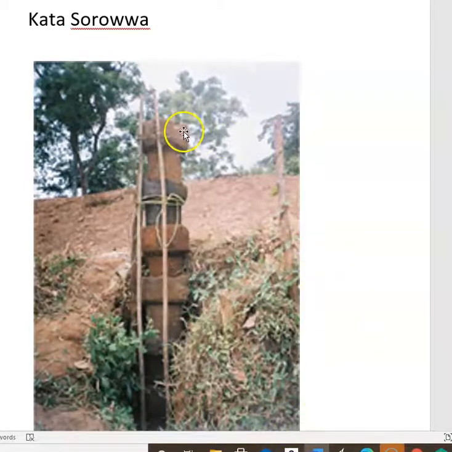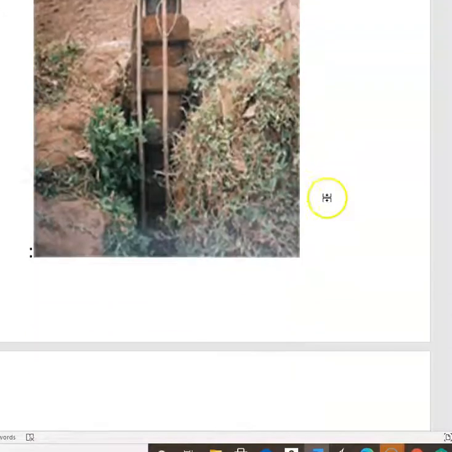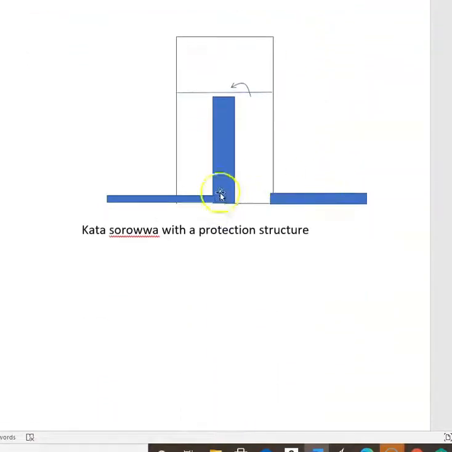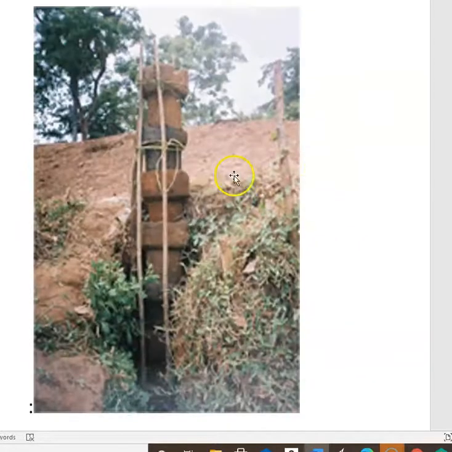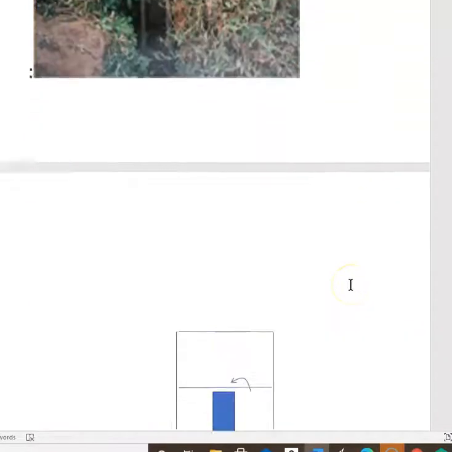In this case, you're taking water from the top. So let's look here. This is the Kata Sorowwa, and this is a Kata Sorowwa with a protection structure. So the water comes here like a Bisokotuwa, and then water flows up and goes like that and goes out. So Kata Sorowwa is inside a protective structure. Water comes in, goes like that, and then goes out.